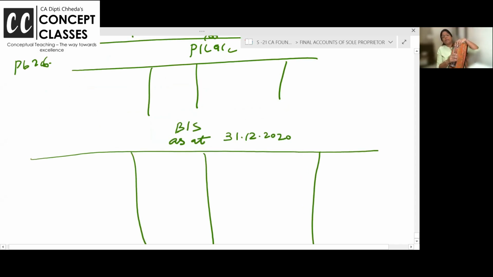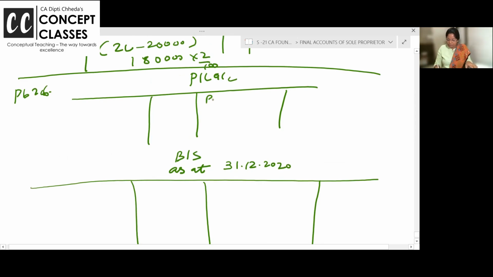P&L account, I want to repeat 2-3 lines because trading P&L is already prepared. Net profit is given to you ready. 15,30,000.